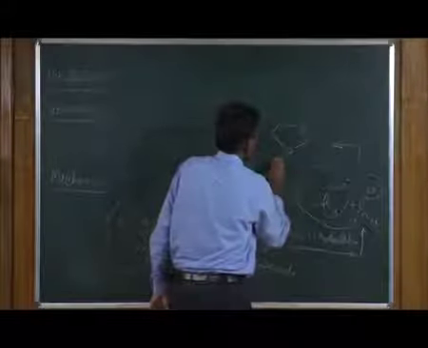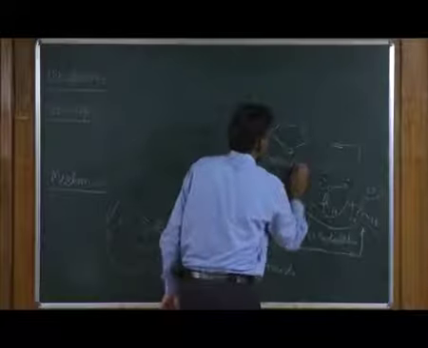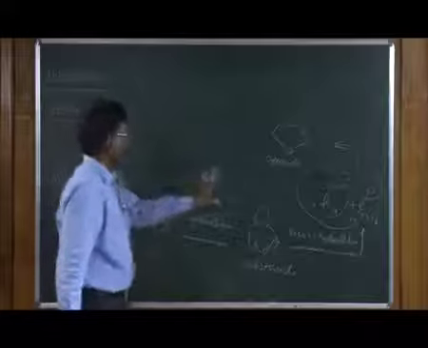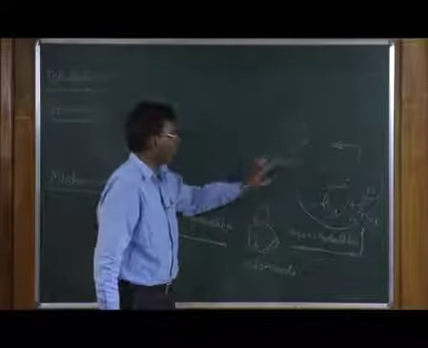This is called ozonoid. So, the addition of ozone with alkene forms this intermediate, ozonoid.